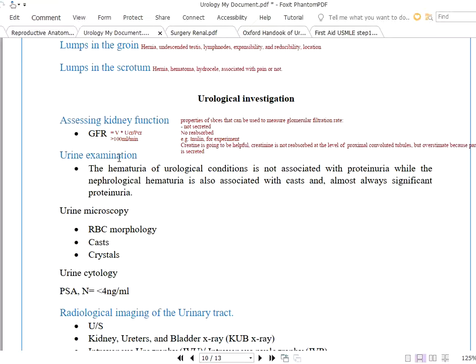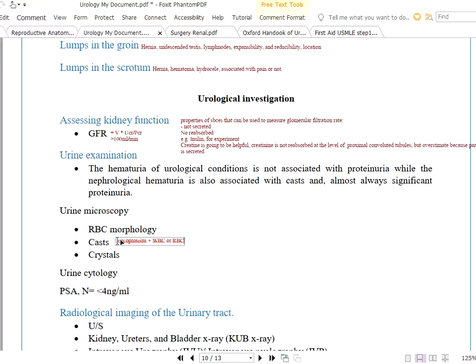This protein may come out during urination, containing nothing inside it. But when this mucoprotein combines with maybe white blood cells or red blood cells, we say that this is a cast.